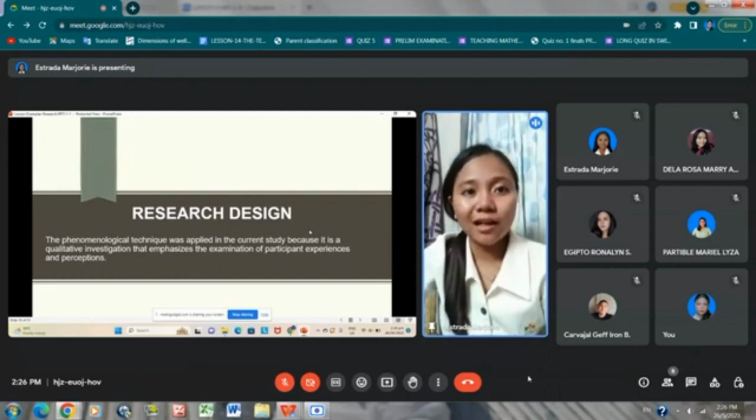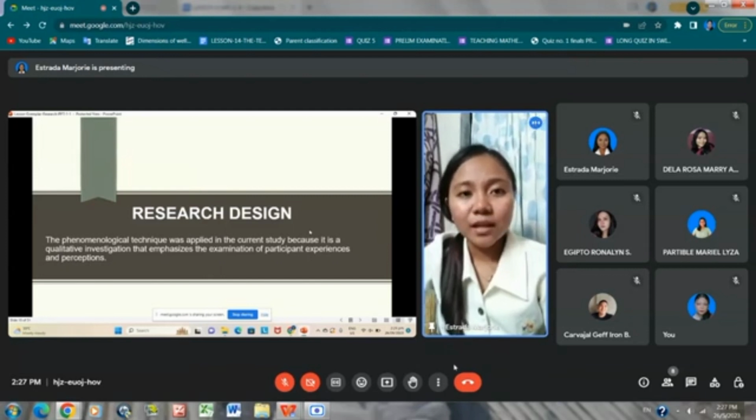According to Neuwer et al., in order to understand and characterize the universal essence of a phenomenon, it is necessary to look into people's everyday experiences while also delving into preconceived notions about the phenomenon. With regard to this study, they need to understand, interpret, and describe participants' experiences using lesson exemplars, which are the fundamental source of data.